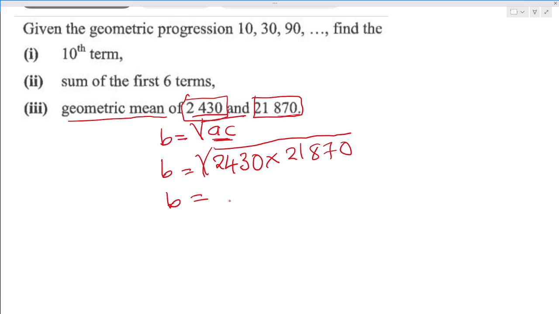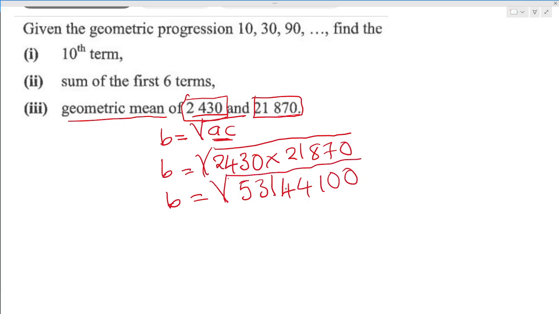Let me actually do it that way, because I think other people's calculators may not be able to do what mine can do. 22,430 times 21,870 gives me a very big value, 531,144,100. The square root of this big value.